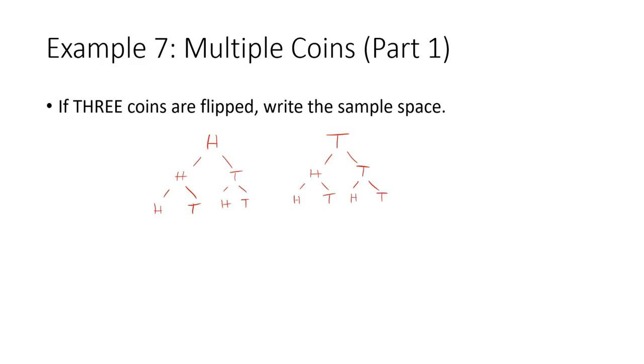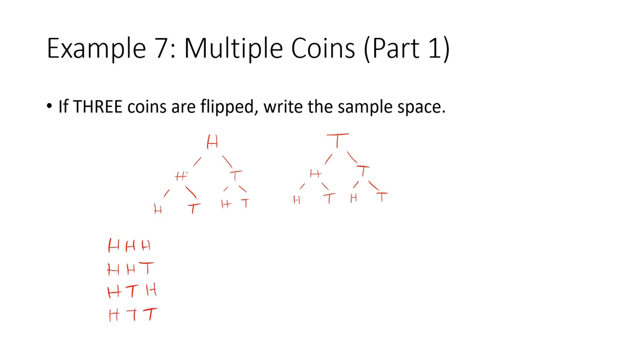So, our possibilities: heads, heads, and heads. So, 3 heads. Then heads, heads, tails. And we just follow along the lines to find our possible outcomes. Heads, tails, heads. And then heads, tails, tails.